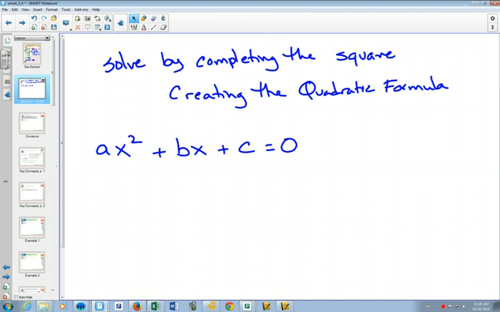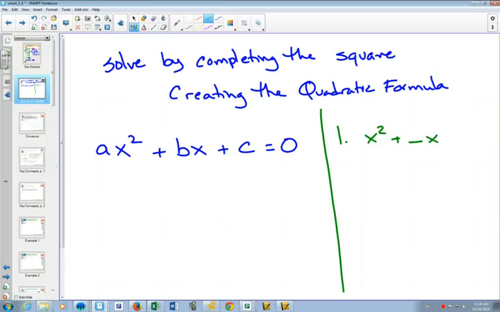Let's look at our steps for completing the square. What was step 1? We wanted to get an x squared plus something x on one side, right? What will I have to do? If those were numbers, you'd have to divide everything by a, because that's how you could get an x squared.